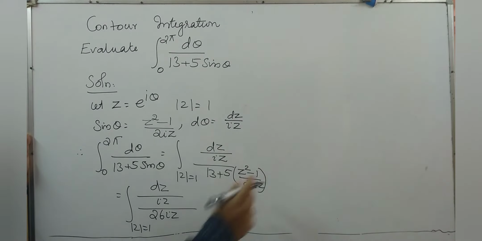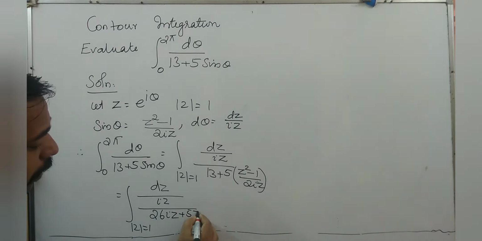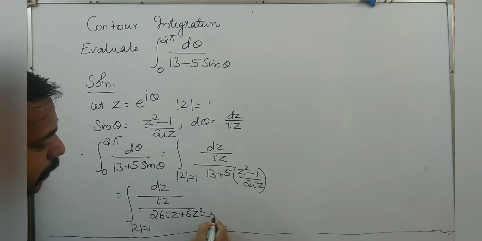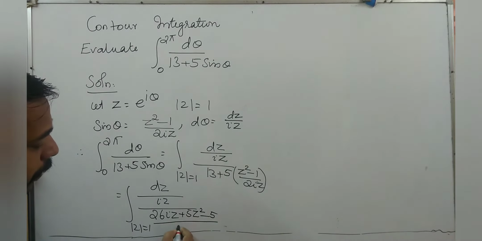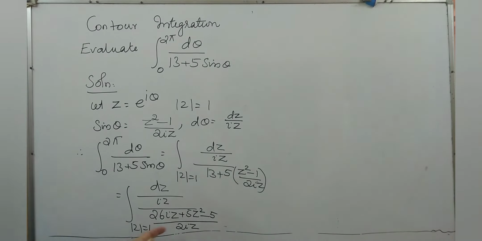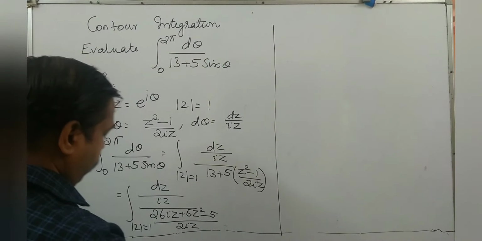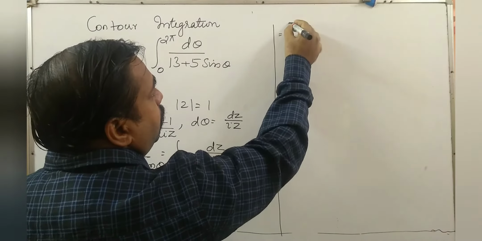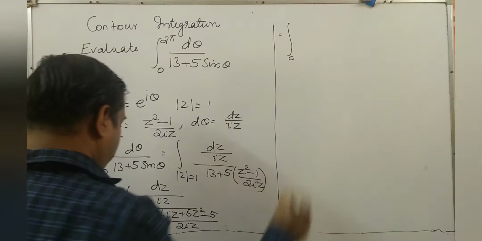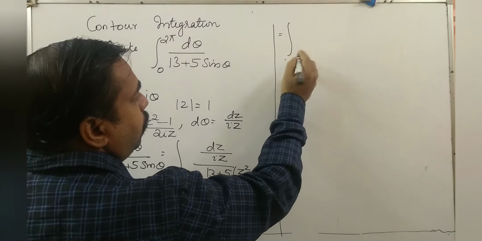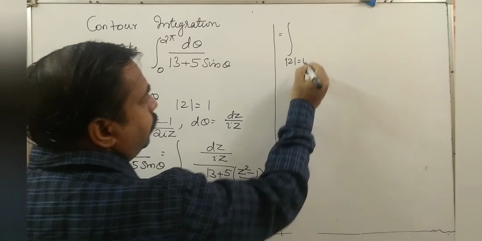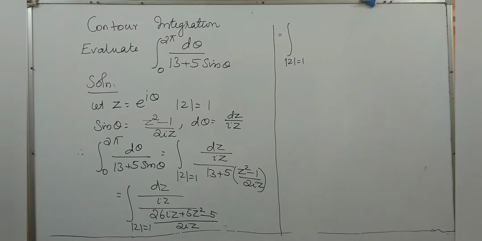Then multiply by 5, that is 5 z square minus 5, whole divided by 2i z. So here we are multiplying by the reciprocals. So what is the answer? That is equal to the integral over C, where mod z is equal to 1.